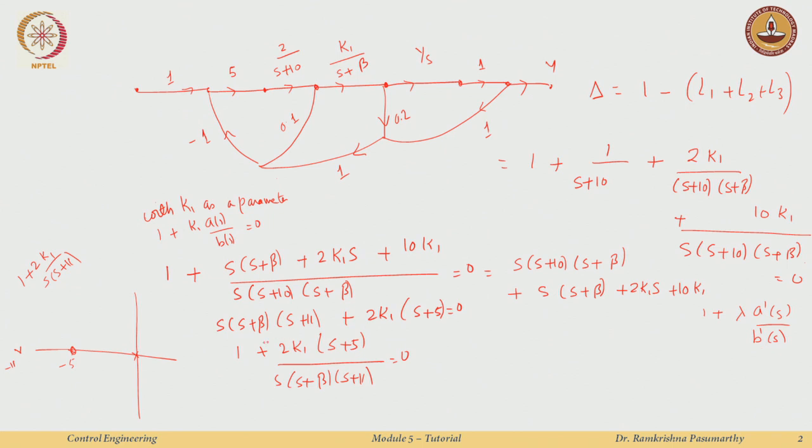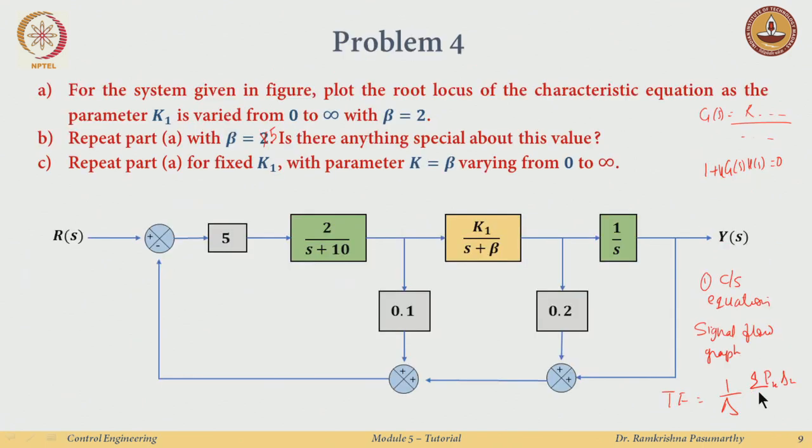I just start from here, so I will skip a bit of the computations, but I will just have s plus 1 over s square s plus 11 plus 2 k, where k is a fixed value now according to the problem statement.